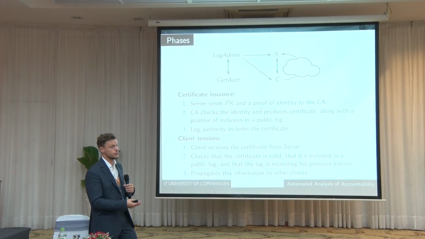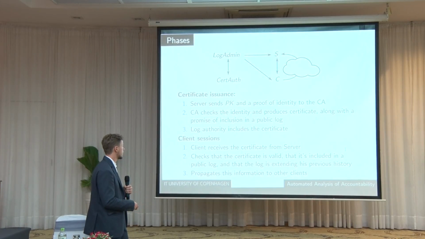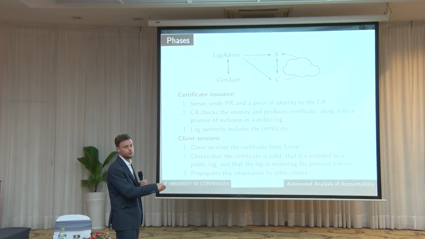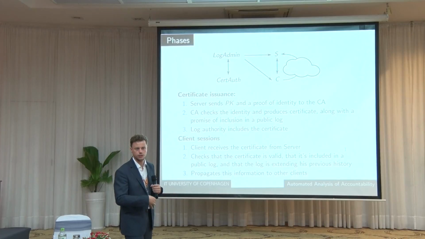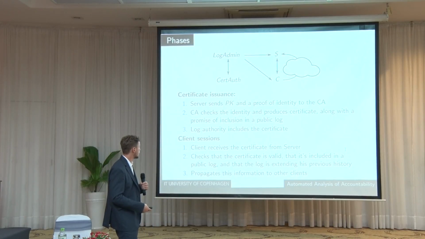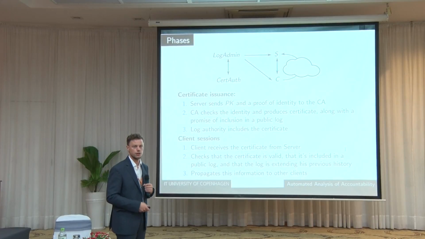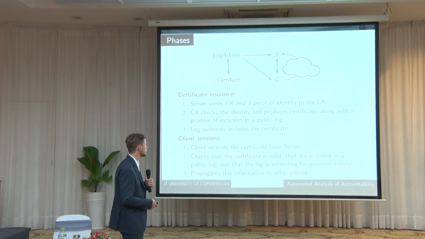When a client actually wants to talk to a server, what happens? More or less the usual stuff. So the client receives the certificate from the server as part of the TLS connection, and it will check that the certificate is valid, so it's not revoked or signed with an unknown certificate authority.